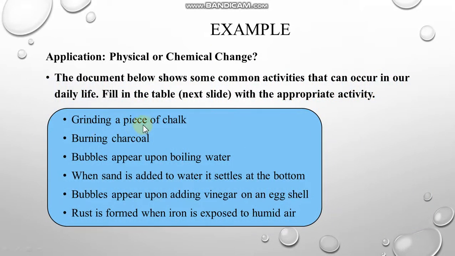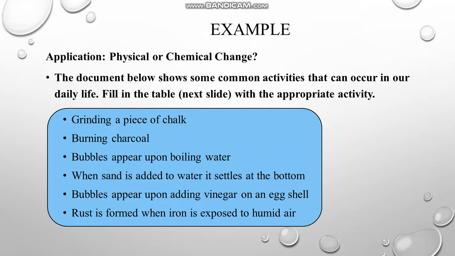Grinding a piece of chalk. If we bring a piece of chalk and grind it, is this a physical or chemical change? Did the chalk keep its color after we ground it? Did it stay the same or change? You all know that its color will not change if we grind it.